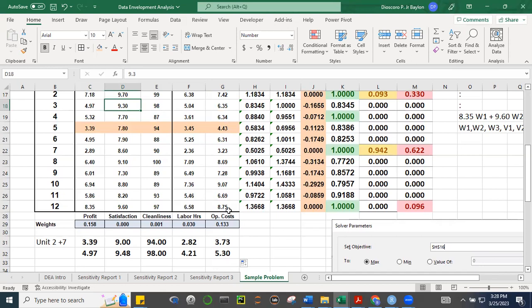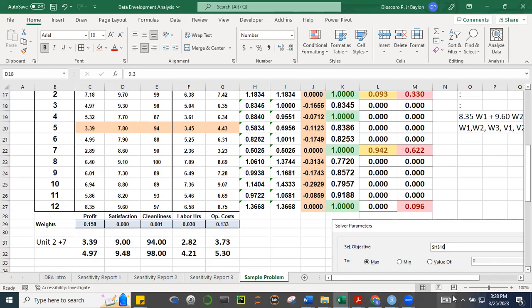However, in terms of labor hours, this is 4.21 as compared to 5.04. And in terms of operating costs, this is 5.3 compared to 6.35. So we were able to show that indeed a linear combination of units 2, 7, and 12, given those weights, is better than unit number 3.